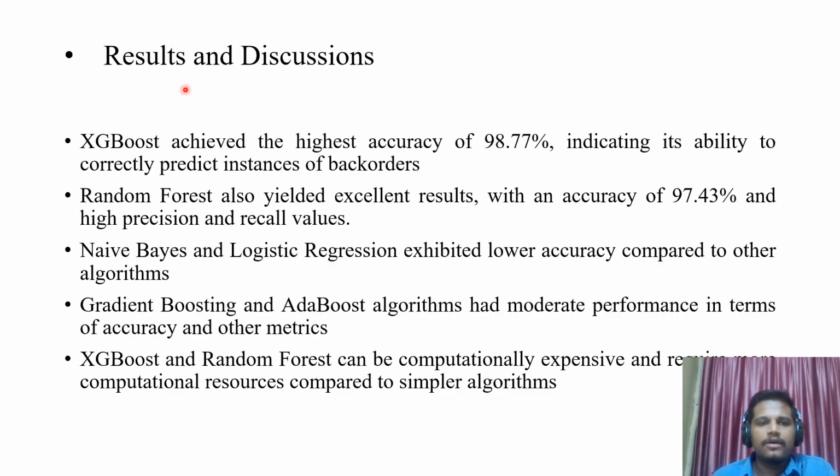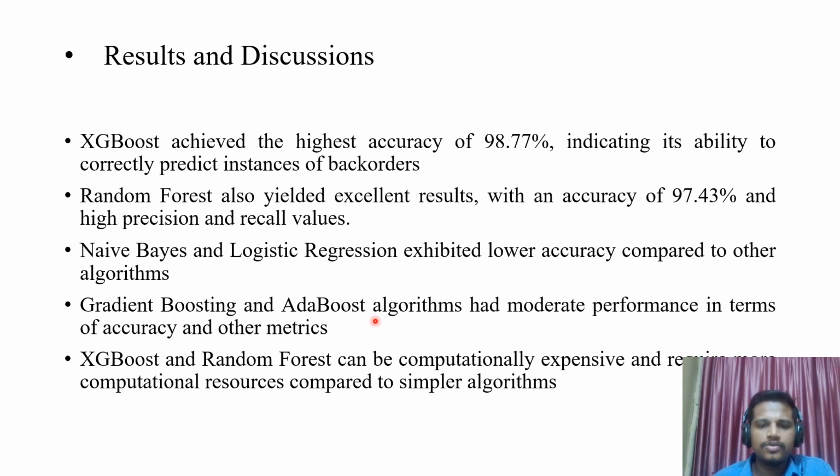Following that, I came to this result that XGBoost has the best accuracy, which is 98.77, and it is followed by Random Forest, which is 97.43. Naive Bayes and Logistic Regression were not good enough in comparison to XGBoost and Random Forest.